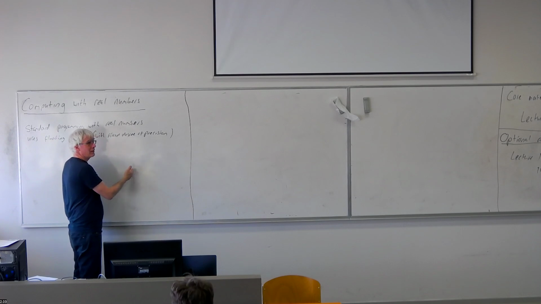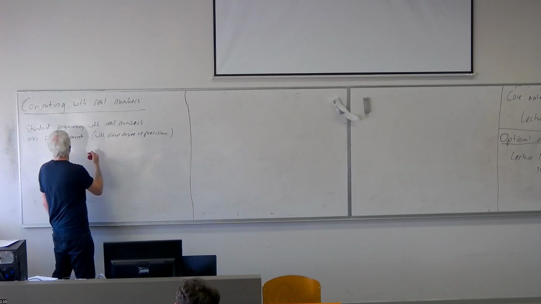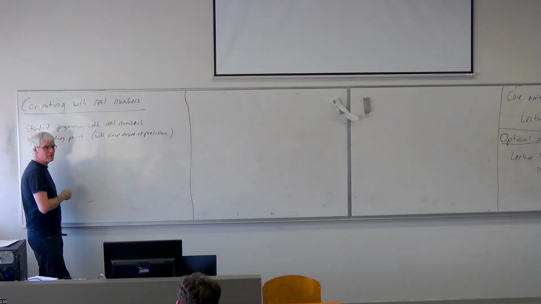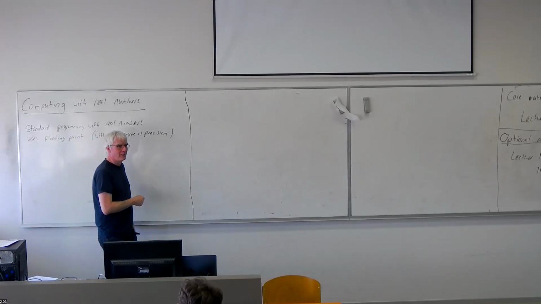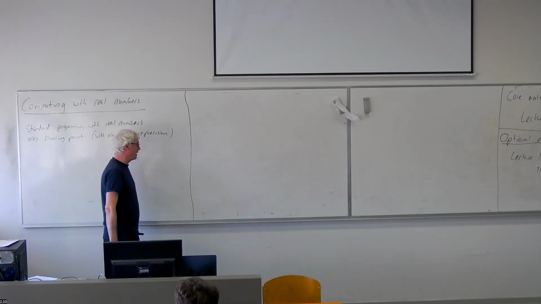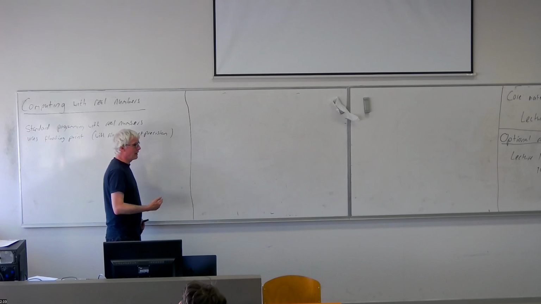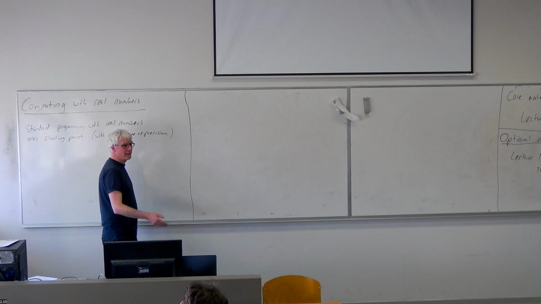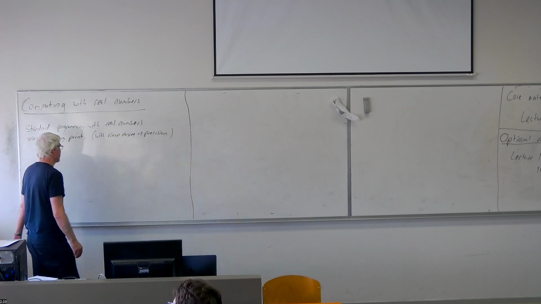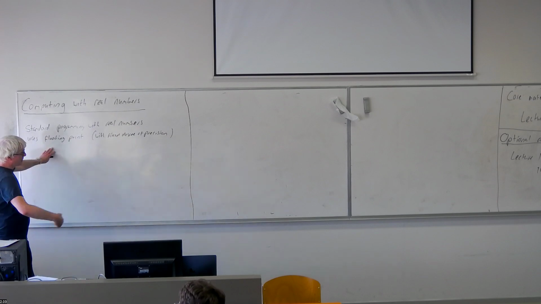Even ordinary single precision floating point arithmetic gives you something like 20-something decimal digits of precision in the significand. And then you have an exponent that can range from minus something very large to plus something very large. So you have good precision and a very good range of numbers that you can cover with it.